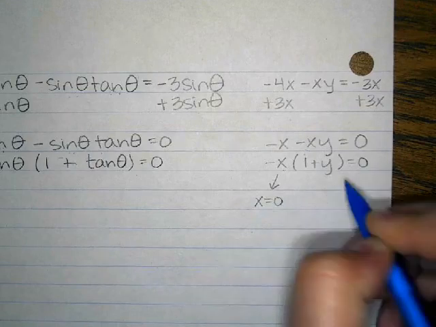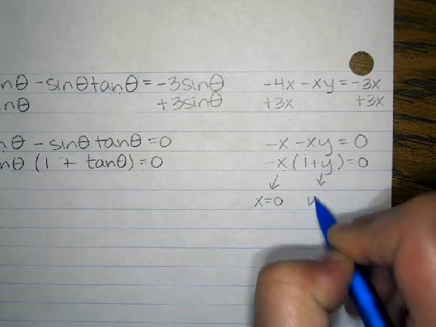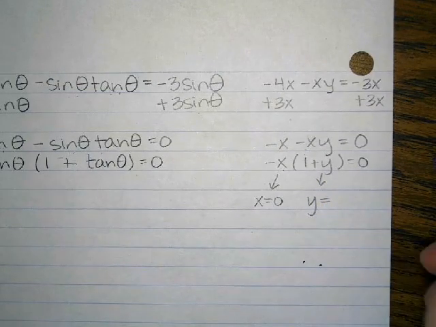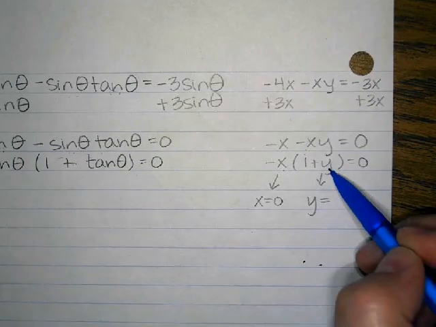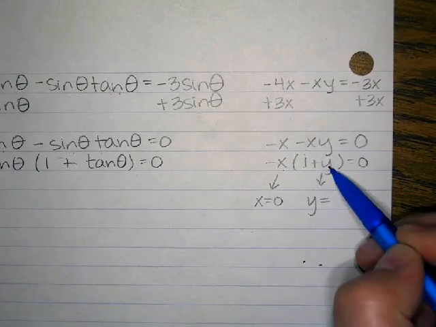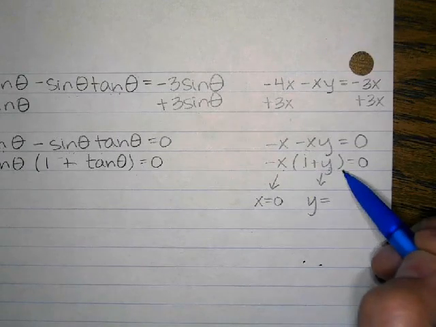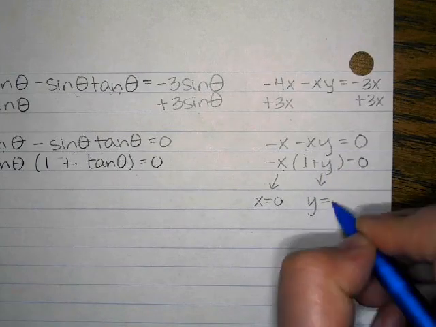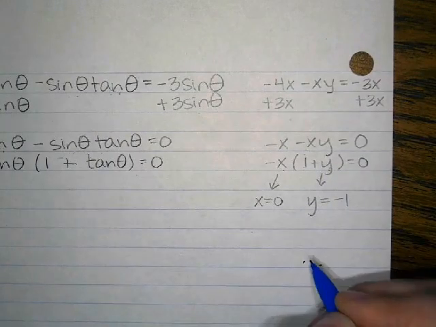Not 0. Is 1 plus y any different than y plus 1? So y would equal negative 1. 1 plus y and y plus 1 in parentheses are the same thing. They're just in backwards order, but they work the same. So this y over here would equal negative 1.